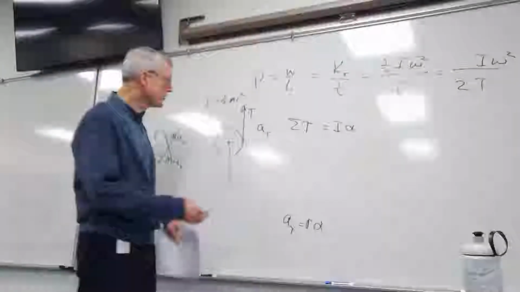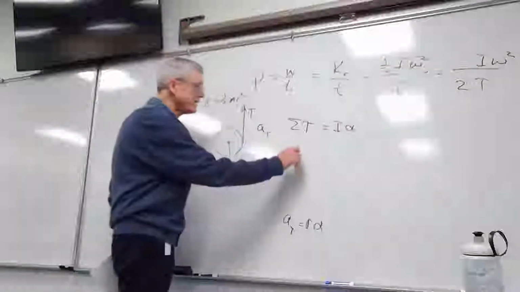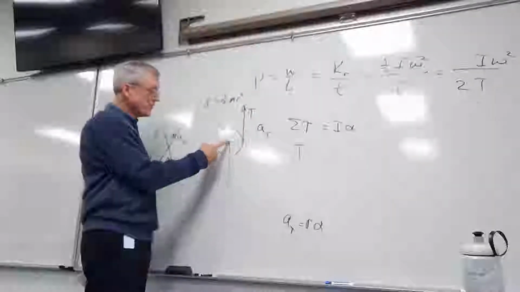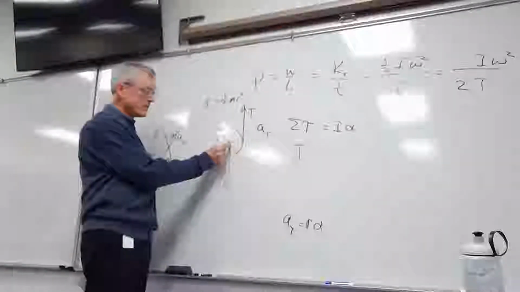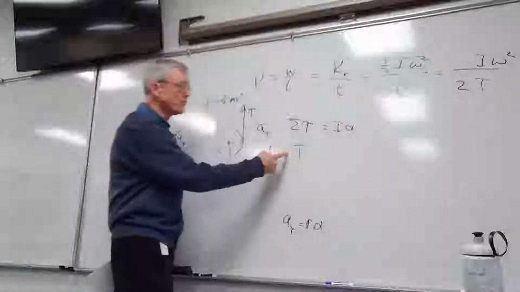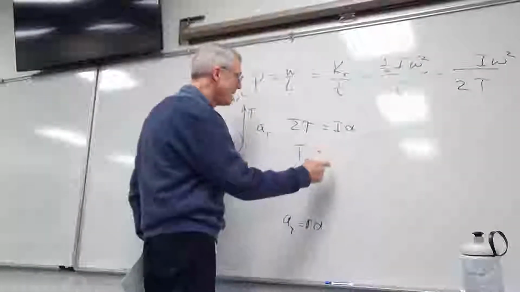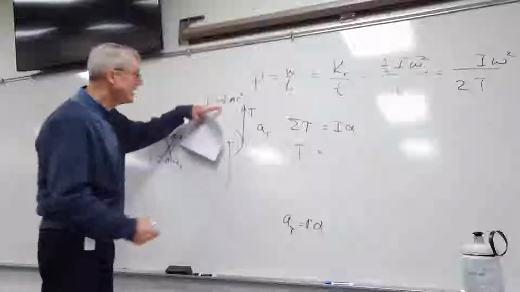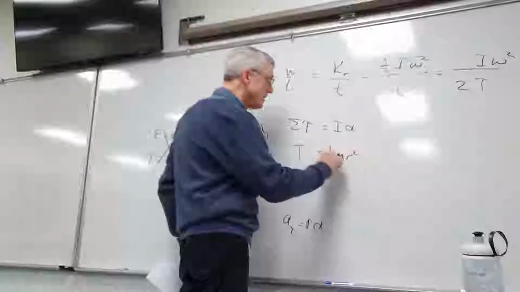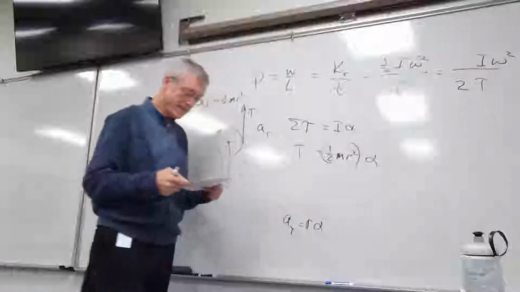All right. So the sum of the torques, there's only one torque, and that's T. That's this force. They labeled T. This one's not creating torque because it's at the rotation point. So that's no torque. This is the only torque, and it's equal to I, which is 1/2 mr squared, times alpha, and we're trying to get alpha.